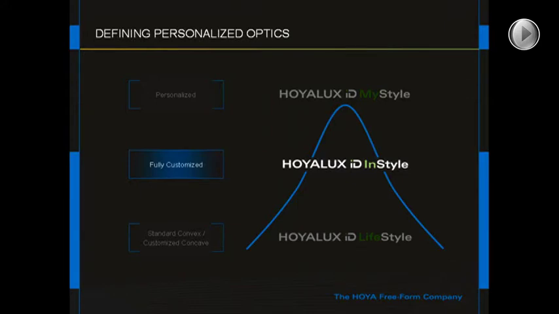Components on the front and components on the back that are applied using the freeform surfacing technology. We're able to go one step further now in personalizing the design to the patient's objective measurements and subjective feedback and input. This is what we call personalized optics, and it resides in our Hoya Lux ID MyStyle.